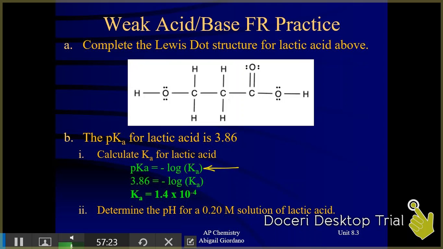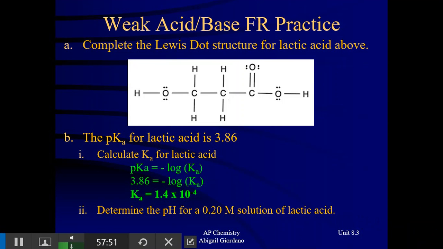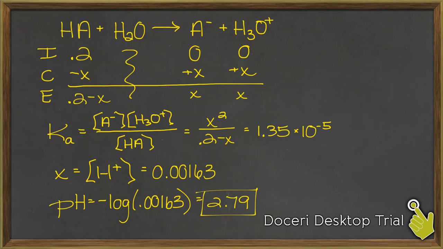Okay, part 2 asks you to find the pH of it, and I've put my work on a separate slide here. If you wrote out the formula for lactic acid from the Lewis structure, great. I just wrote HA, which is always okay, guys.